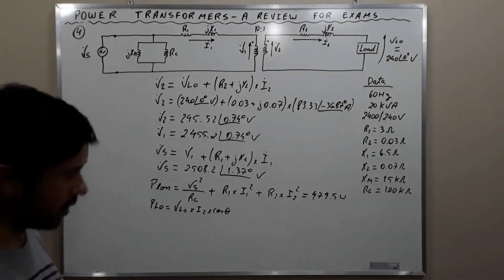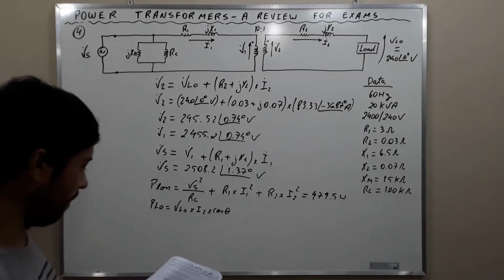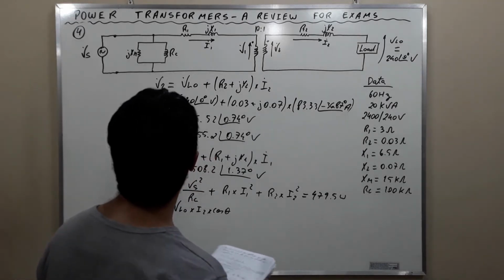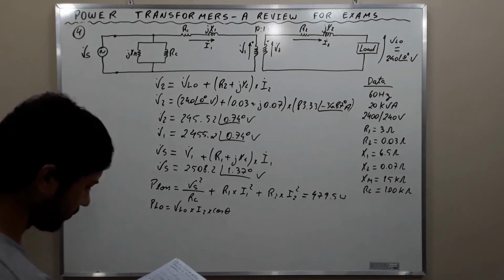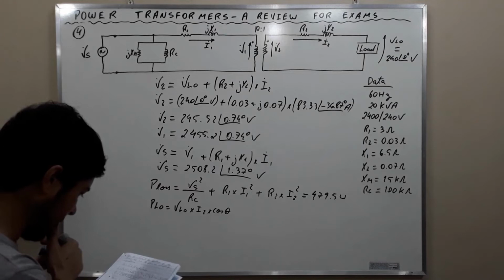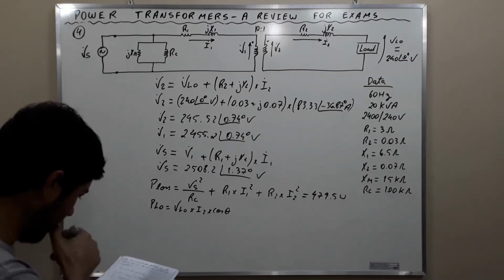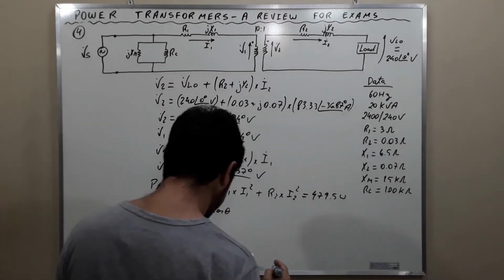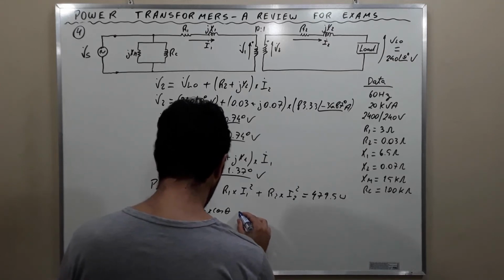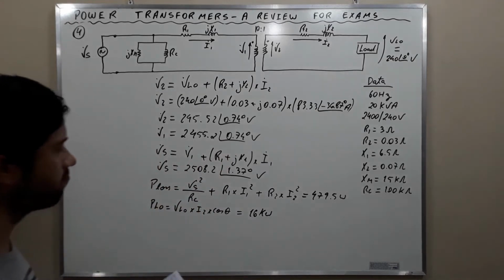The cosine of the angle is the power factor, 0.8. And using the values, we find 16 kilowatts. Okay?